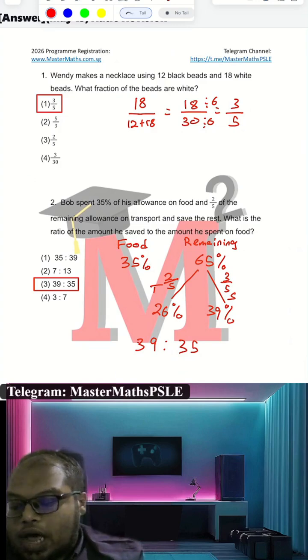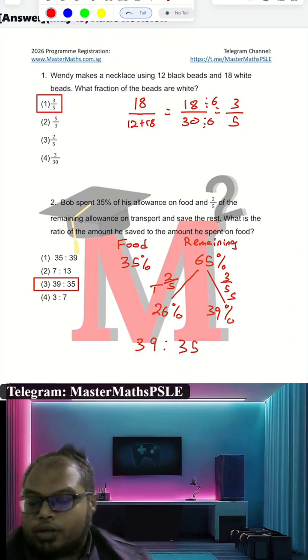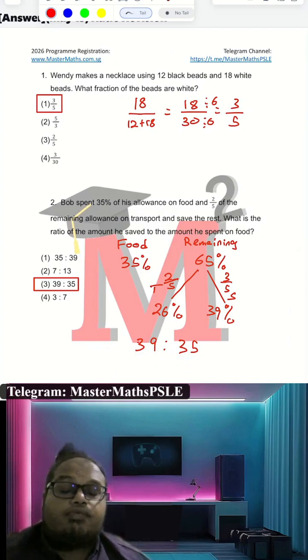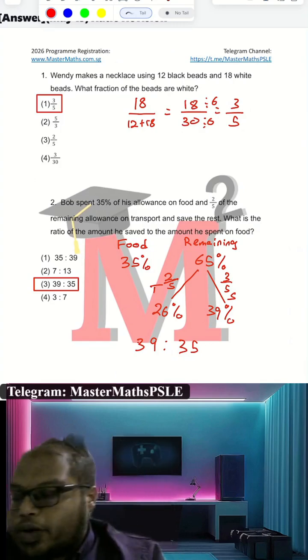So after that we got 35%, 26%, 39%. If you want the ratio of the amount he saved to the amount he spent on food, basically it is 39 is to 35. And like I said just now, 39 and 35, there's no common factor. Alright, last question for today.